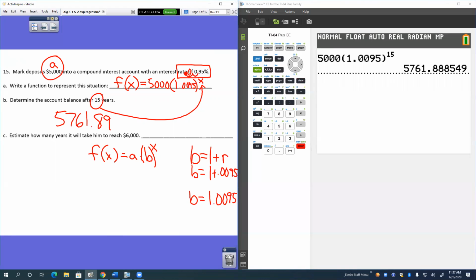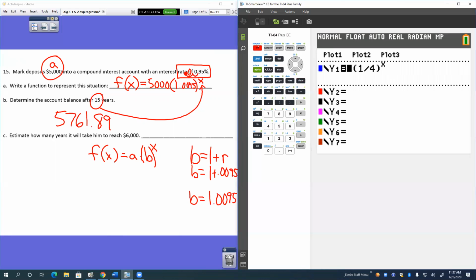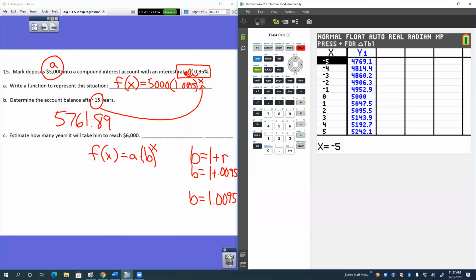Estimate how many years it will take him to reach 6,000. So again, I need to go to my y equals. I need to type in our original equation of 5,000 times 1.0095 to the x power. I'm going to type that into my y equals, and I need to go to my table and find where 6,000 is.